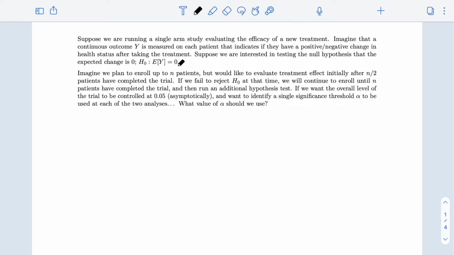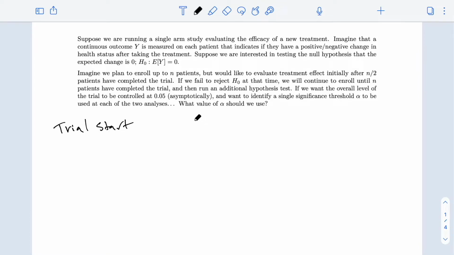So to do this, we would like to identify a threshold alpha that we can use at each of the two analyses that we can compare our p-values to, such that our overall probability of committing a type 1 error is maintained at 0.05. So just to give an overview, we have the trial start.